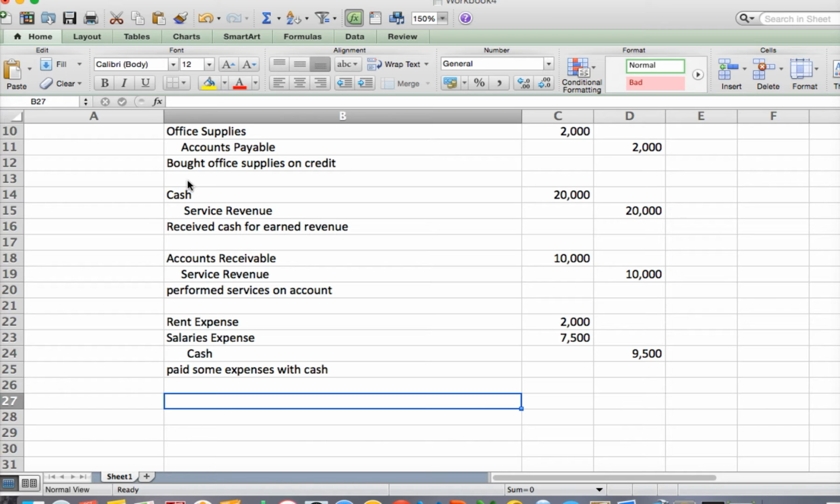If I said instead to record interest expense paid with cash, then obviously your expense account would need to be named interest expense. So use these templates, keep them, use them as a reference, but remember that you do have to customize them a little bit when you're changing around different scenarios.